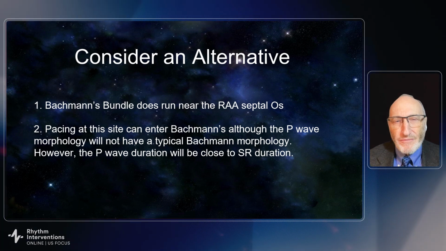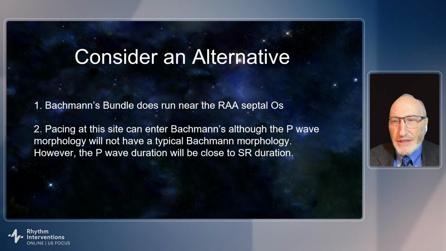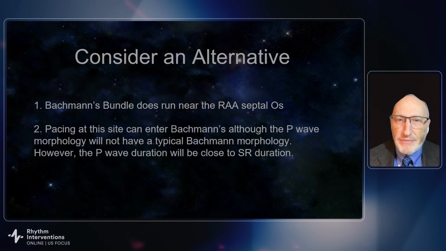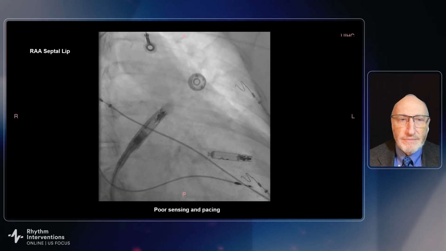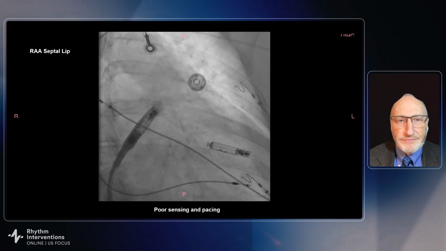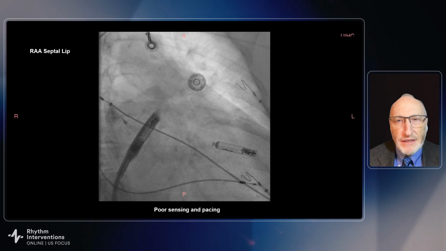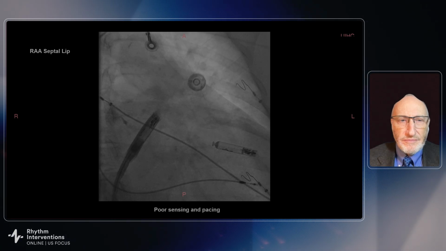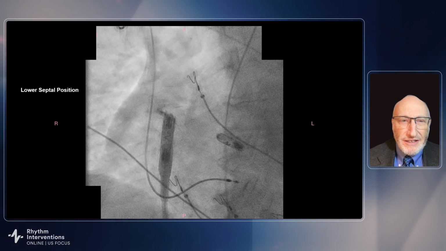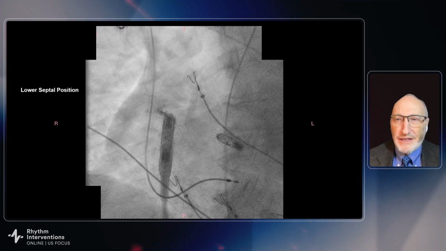However, typically you won't see the morphology and the P-wave duration may not be as short as sinus rhythm. So here I am in sort of an RAO look. As you can see, I'm sort of at that anterior septal position. But again, unfortunately, that was also not an ideal place.